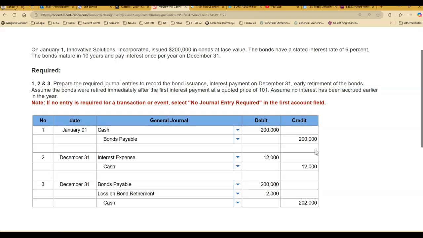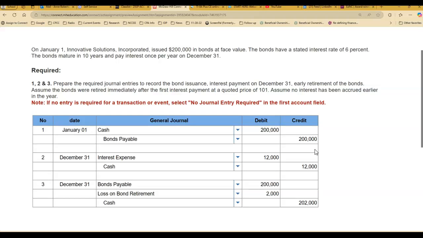If we only had to pay maybe like $190 to get this thing off the books, just depending on what market rates we're doing, if it only took us 190, then it would be a gain. You see it? So it just simply works opposite of the assets. But you've seen this concept before.